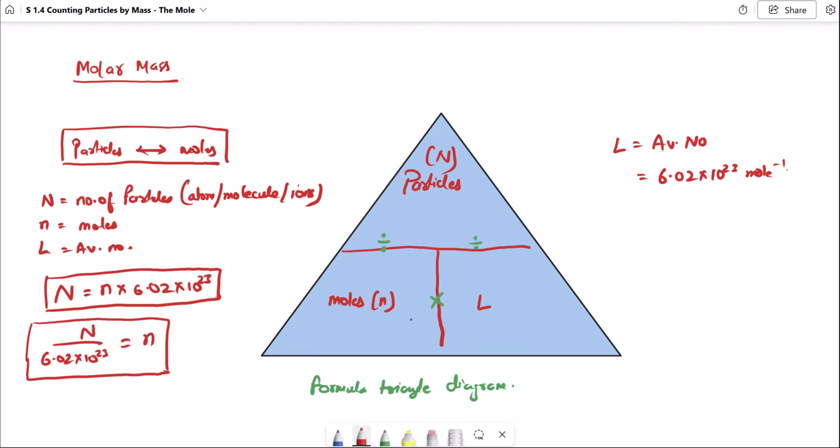Understood? So if you want to remember the memory trick, I can write it here.